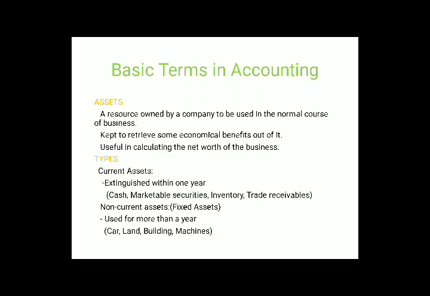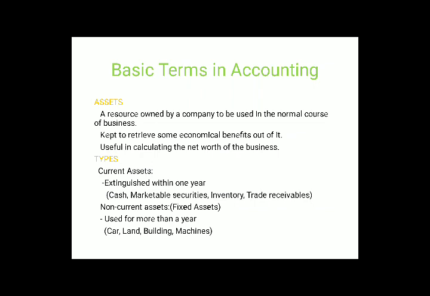Assets. An asset is a resource owned by a company to be used in the normal course of business. Resource would mean something that is of some value to the company. To acquire that value in the first place, a company may or may not pay something in return.